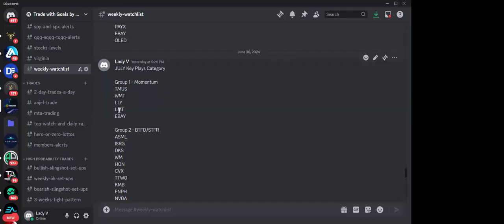So when you go to Discord, this is the list I'm talking about. These are the key plays in July. I've listed them under the categories.